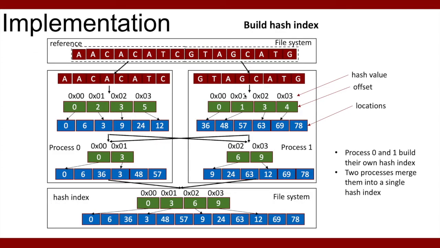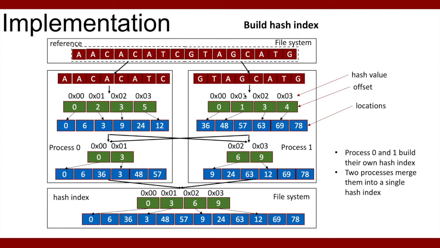In order to accelerate index construction, we have designed and implemented a distributed index construction method. First, the reference is divided into substrings of the same length according to the number of MPI processes. Second, each process calculates its own hash index as follows. For seeds of length k, we need 4 to the power of k buckets.